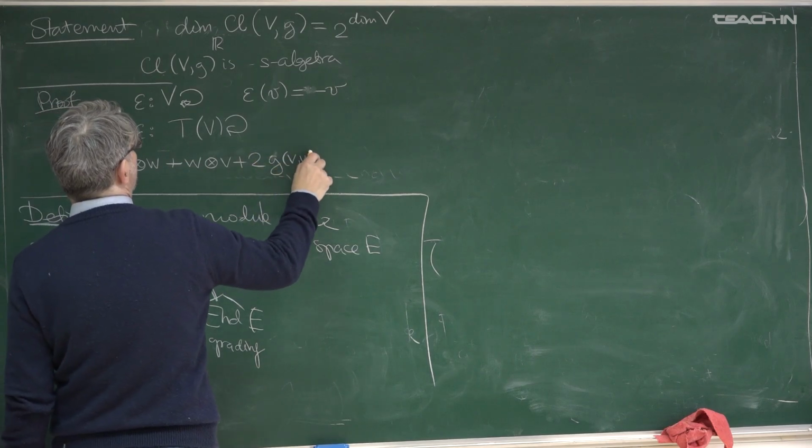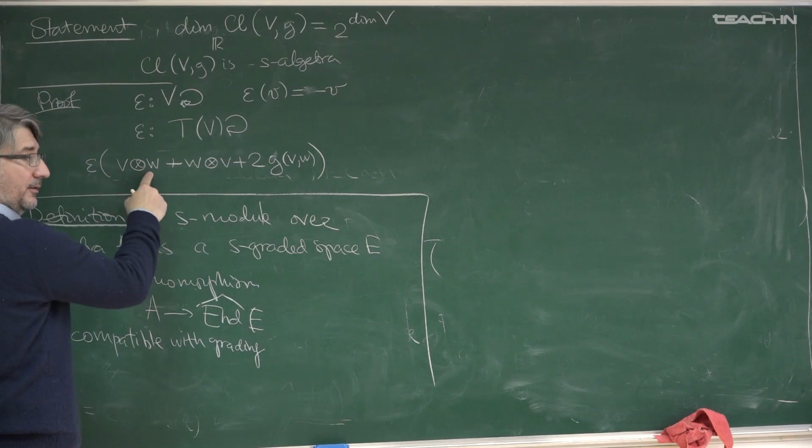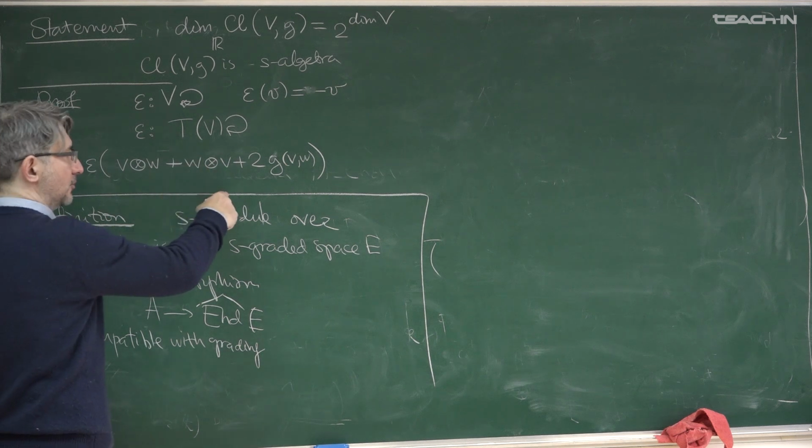What do you think about that? What happens if I apply epsilon to this expression? This is an element in the tensor algebra. What did it do? It changes sign at v and at w, so the product is not changed. It changes sign at w and v, so the product is not changed.